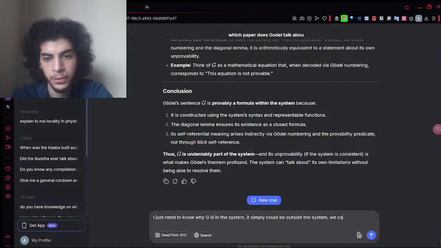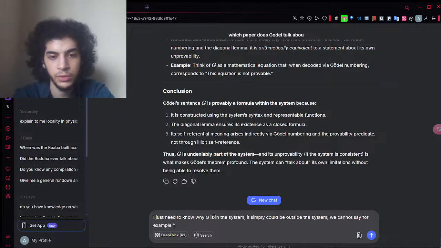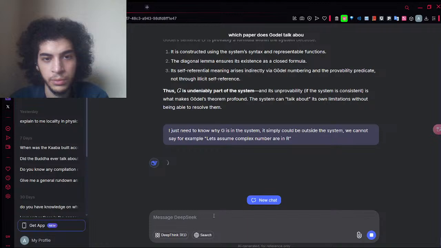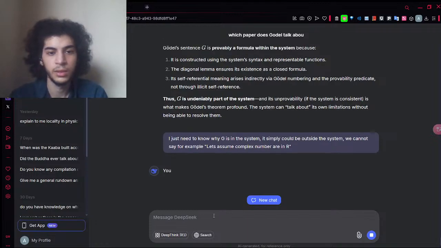We cannot say, for example, let's assume complex numbers are in R. That's basically what I want to know. I just want to know why that thing is there.